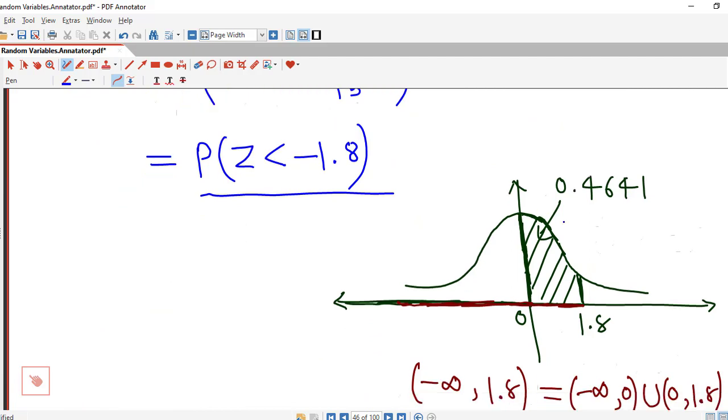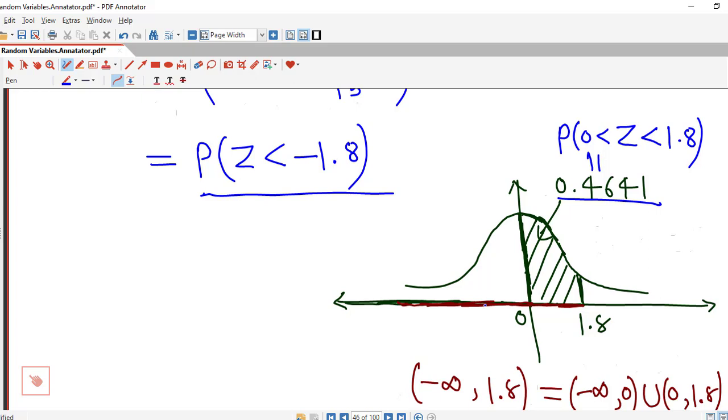So this is the standard normal curve. We are familiar with this curve. It is a bell-shaped curve, symmetric about the y-axis, and the probability that Z lies between 0 and 1.8 is given as 0.4641, and we are interested in this probability that Z is less than minus 1.8.